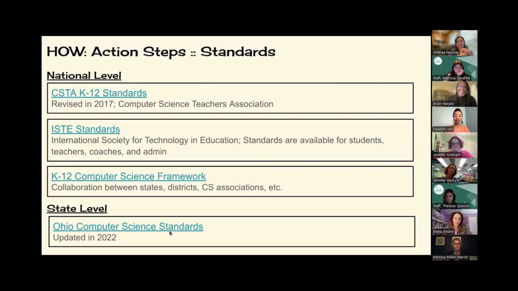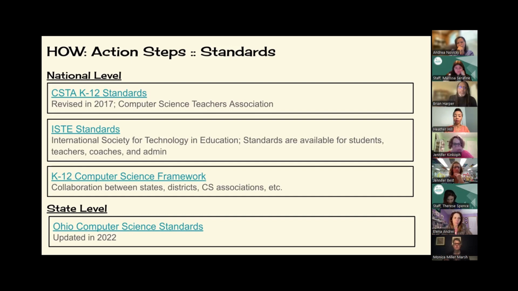Okay. So one of the other things I had done was a study of the different kinds of standards. And there are so many. That was one thing where I was like, oh my gosh, what standards do we go by? The Computer Science Teachers Association, which is a national organization, has a set of standards. Then the International Society for Technology in Education has standards.